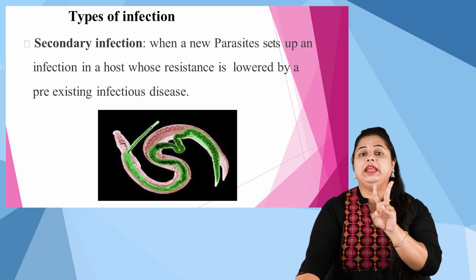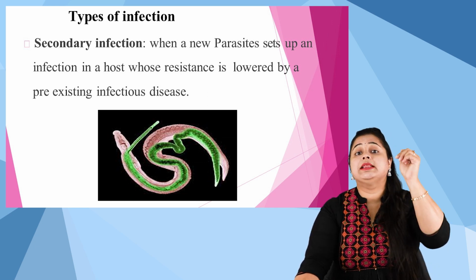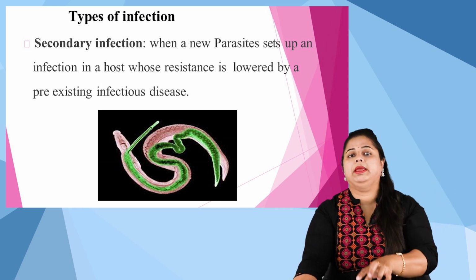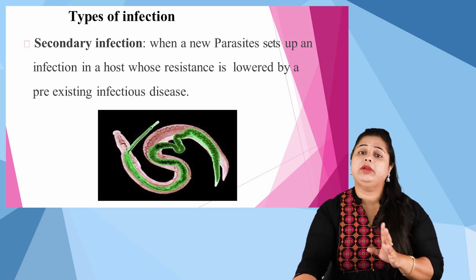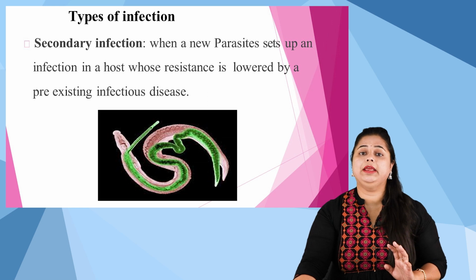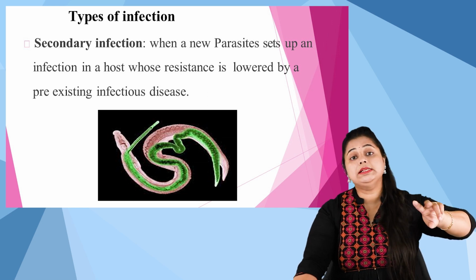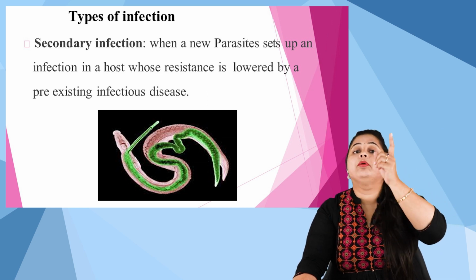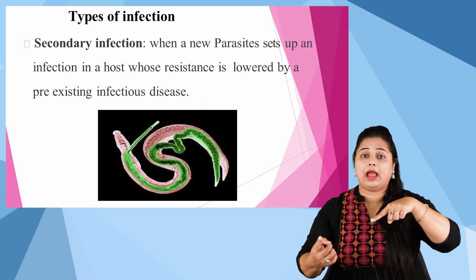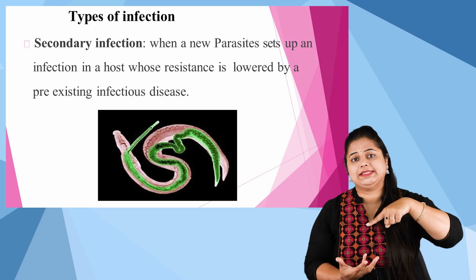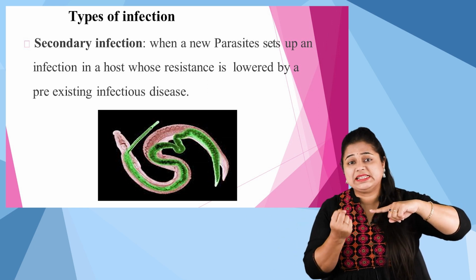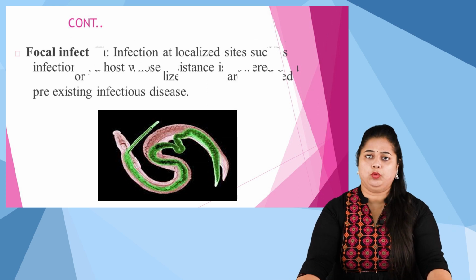So this is not a reinfection. In a reinfection, the same type of disease and microorganisms come and attack the same person. Here in a secondary infection, a new parasite comes in contact with a person who previously had an infection and whose resistance power is low.